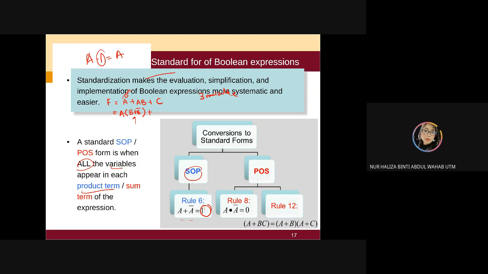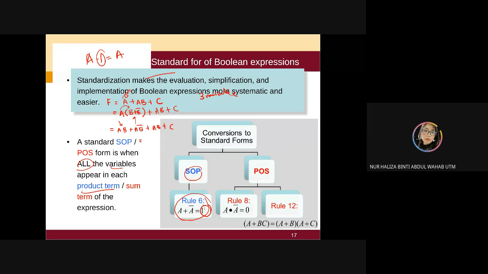Then I add with my A, B plus C. This one I'm going to do later on. So from here, I solve it. I'm going to get A, B plus A, B bar plus A, B plus C. Still I don't have C. What I need to do, I'm going to do repetition for this rules number 6.